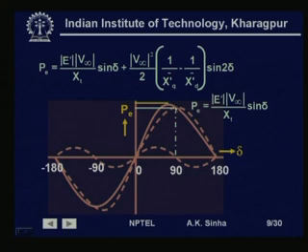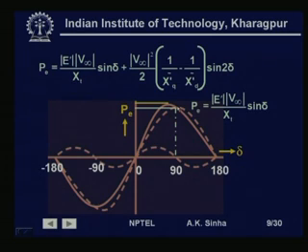Now, suppose we increase the mechanical input by a very small amount at this point. What will happen? Delta angle will again increase from here. What is going to happen because of this increase of delta angle?